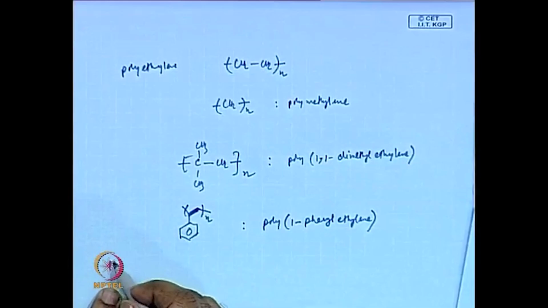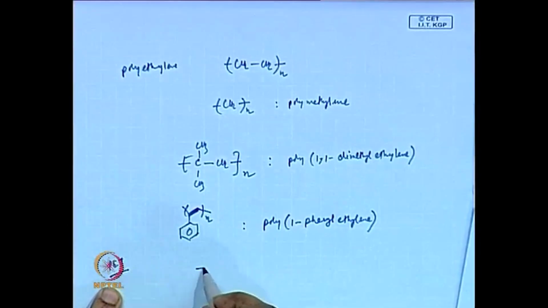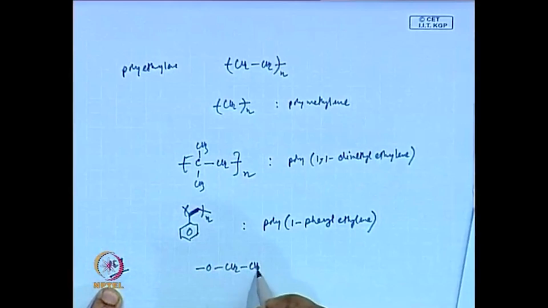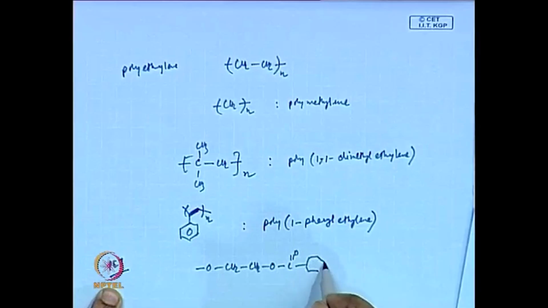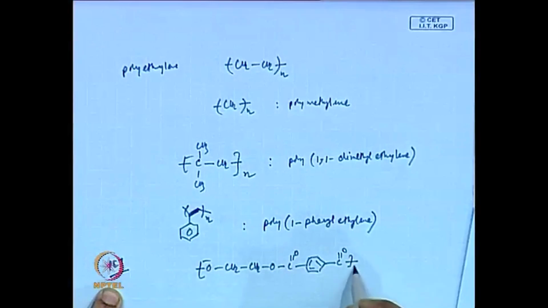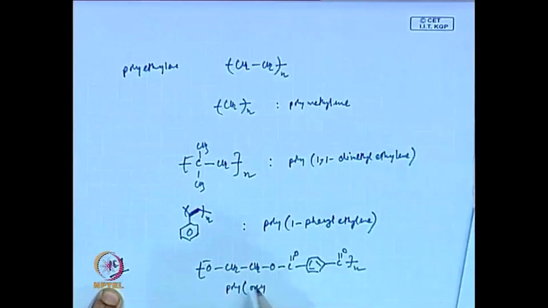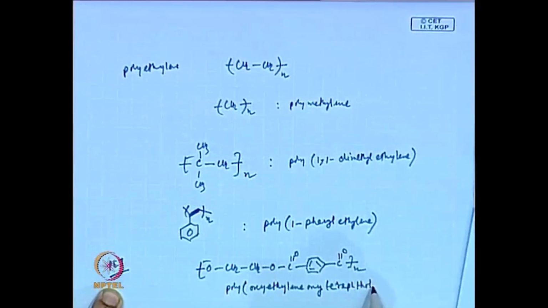So, the PET molecule, polyethylene terephthalate, we have to write according to the seniority, the constitutional repeat unit like this, and the IUPAC name accordingly would be polyoxyethylene oxy terephthaloyl.